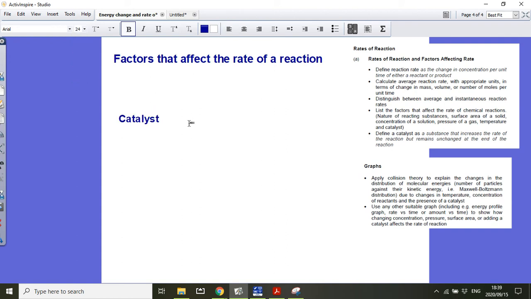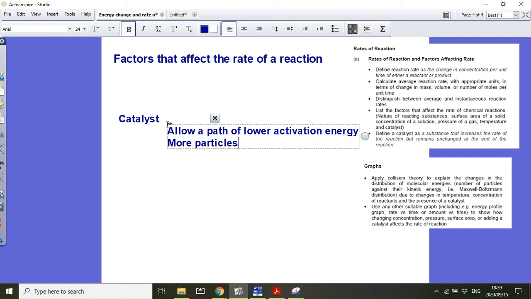Okay, so when I'm adding a catalyst, what am I actually doing? Does a catalyst allow a path of lower activation energy? Because it has a path of lower activation energy, more particles can overcome this activation energy.